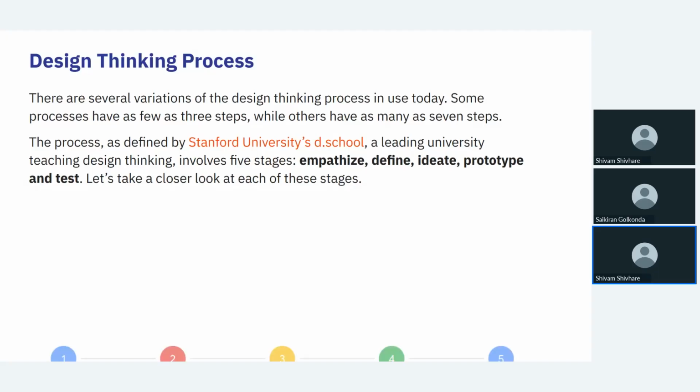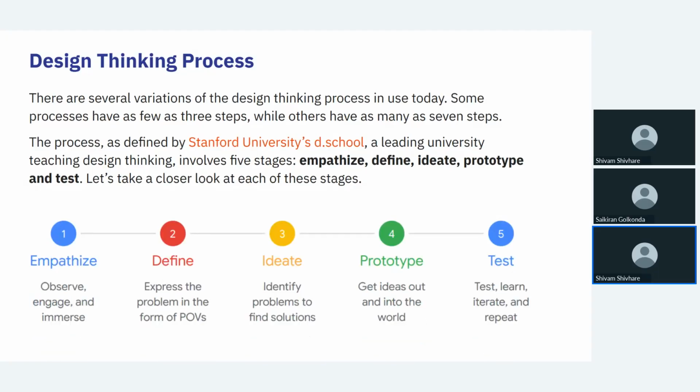First is empathize. What is meant by empathize? Observe your surroundings and list out what problems we usually face. From the things happening around us, we can get to know what problems we are facing. By observing only, we get that. The next stage is define.